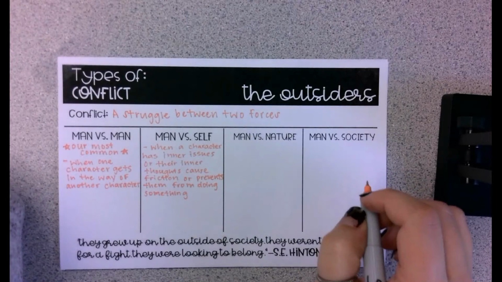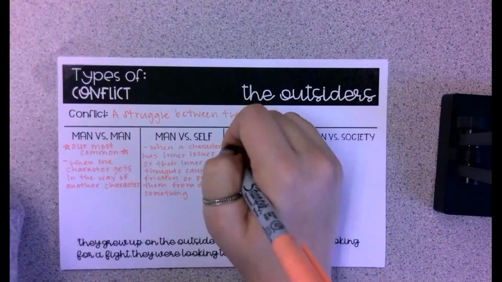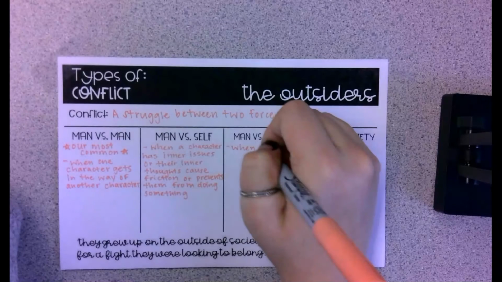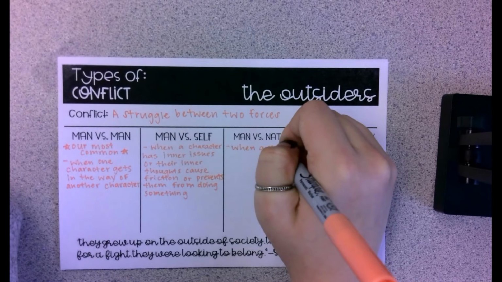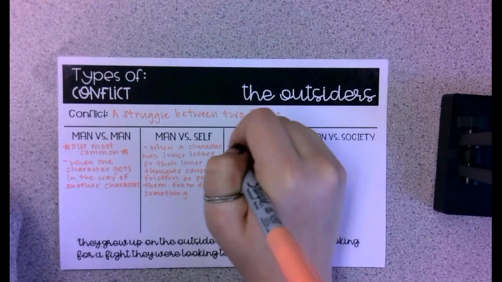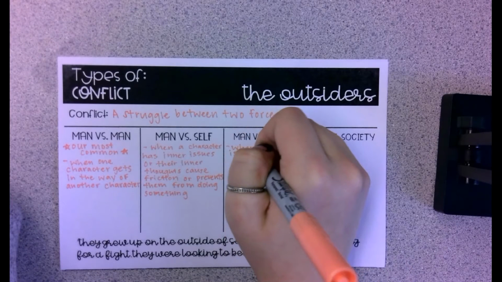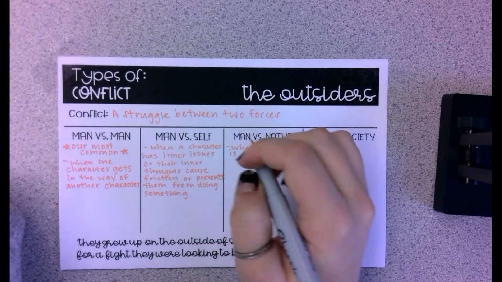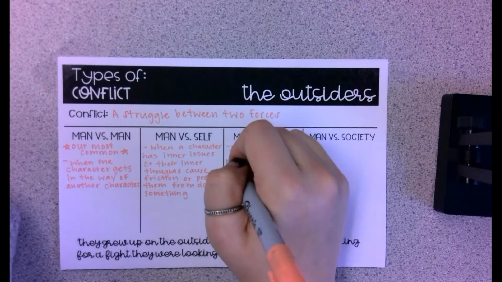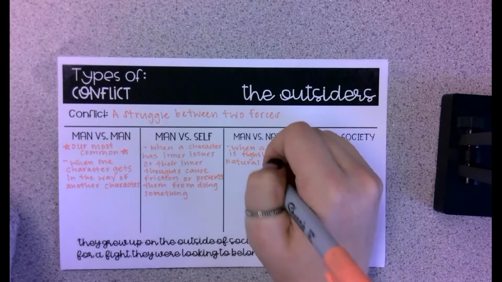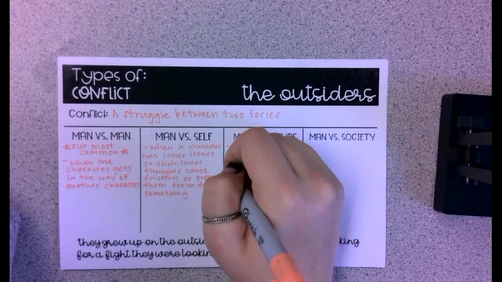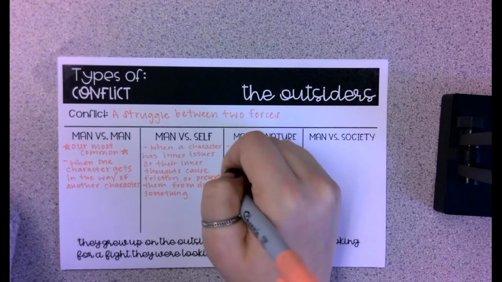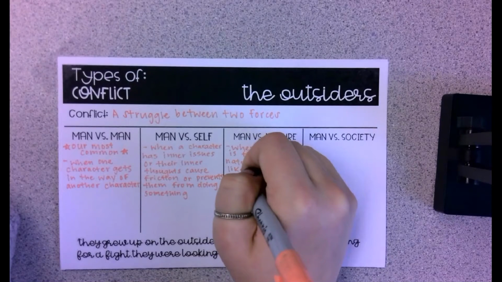Man versus nature is going to be when a character is fighting against natural forces, which would include weather, animals, and even the climate.